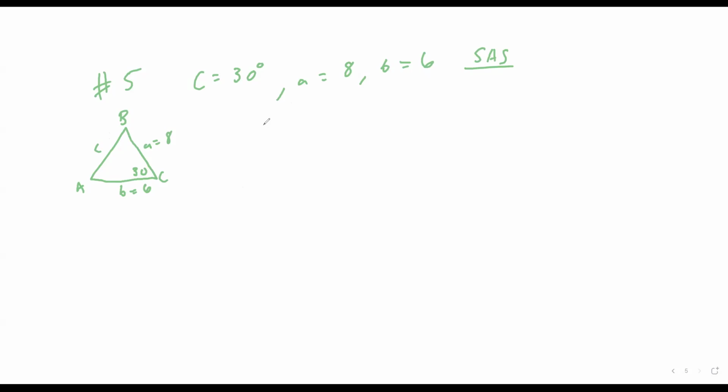So that means I'm going to use the A squared equals B squared plus C squared minus 2AC times cosine of A. So what that looks like is I'm going to have 8 squared, so the side of the angle I'm looking for, equals the other, I don't have that side.